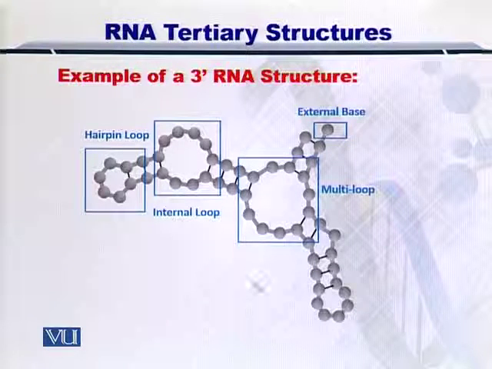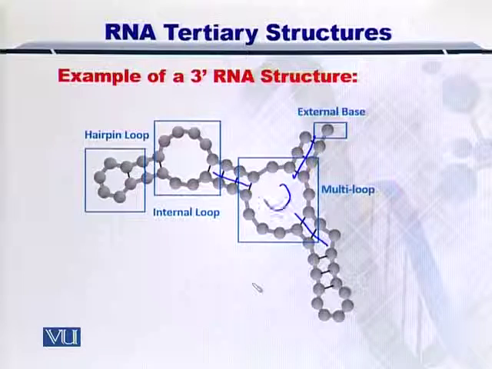As you can see, there are 3 different strands of helices that are coming together in order to form this multi-loop, and the uncoupled bases are shown here.